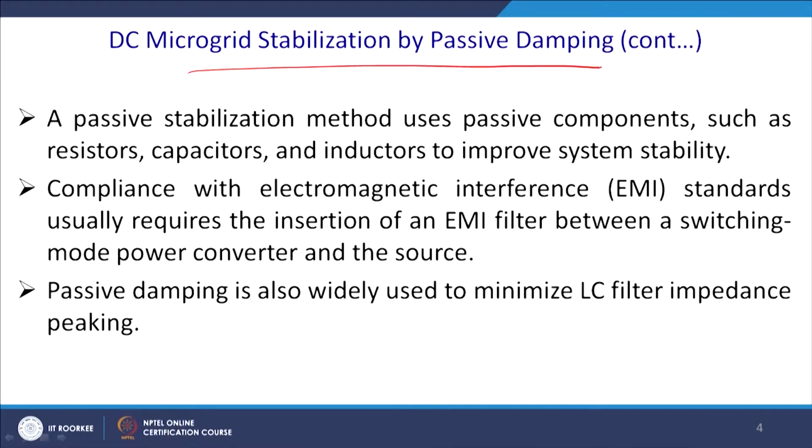To ensure this, we can go for stabilization by passive damping, but of course, it is a less efficient system. Let us see how it has been done. A passive stabilization method uses passive components such as resistors, capacitors, and inductors to improve the stability, mostly required to damp out the oscillation.